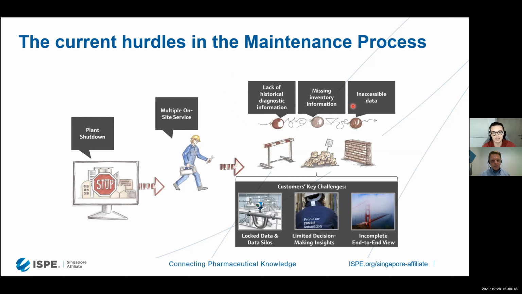Based on these data, you can unlock data in data silos. You can really make decisions based on insights and analysis and not on gut feeling. And you have a complete end-to-end view of what is happening in your plant. And this is actually where we want to go.